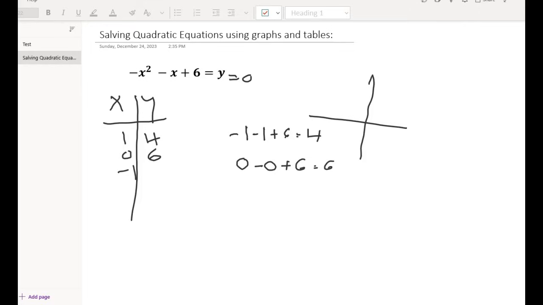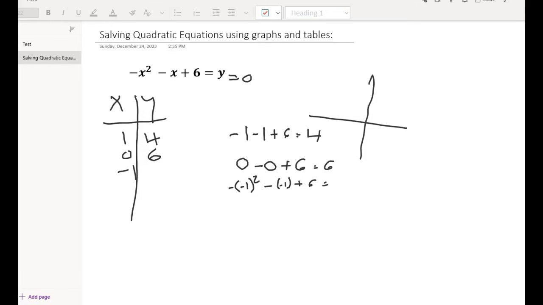And minus 1. So we get minus 1 squared, minus minus 1, plus 6.